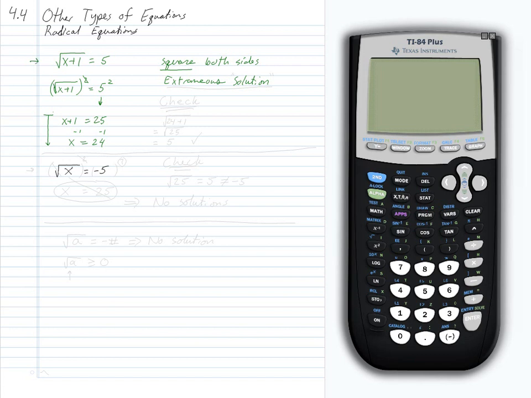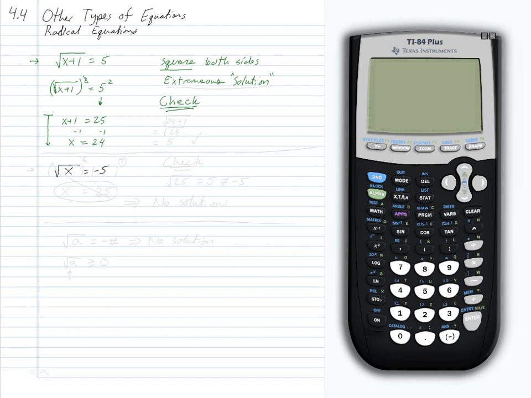So these extraneous solutions are not actually correct answers to the original problem. So in this section, for this type of problem, you always need to check the answers that you come up with in the original equation.